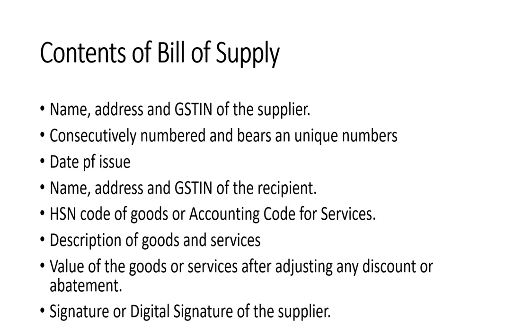It should provide a description of the goods like the quantity and the rate per quantity, etc. And it should also include the abatement provided, the tax charged by the supplier to the recipient, everything that must be mentioned here. It should carry the signature or digital signature of the supplier here.